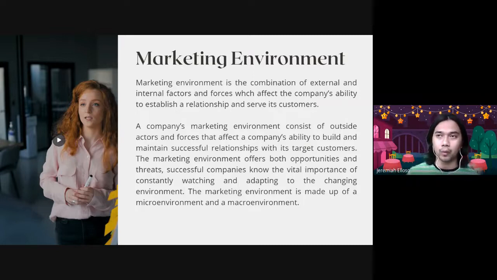We are all aware of the umbrella of tourism and hospitality. In the micro environment, we're discussing every detail of each branch of that umbrella. Okay, so micro means small or details.